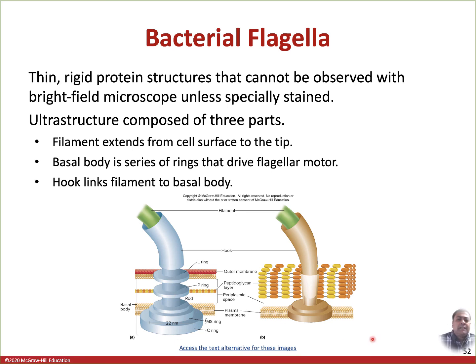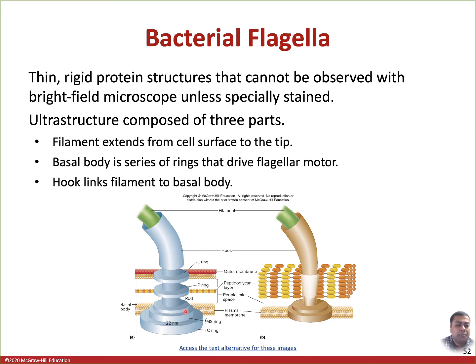Now, this basal body in the gram-negative bacteria has multiple rings. You can see that the L ring is present in the lipopolysaccharide layer, the P ring is present in the peptidoglycan layer, and then you have an MS ring. This is called the membrane spanning ring, and the C ring is a cytoplasmic ring, extended towards the cytoplasm.